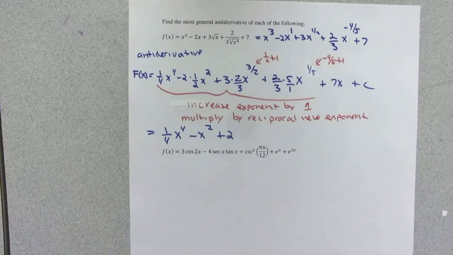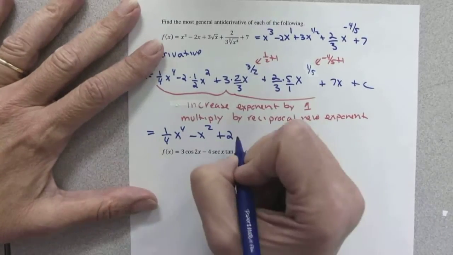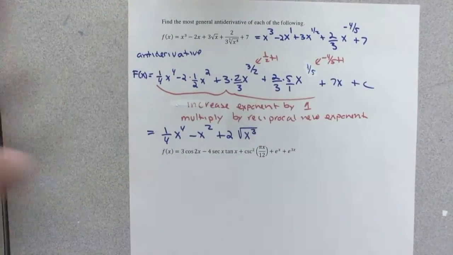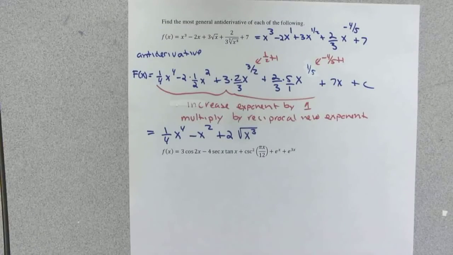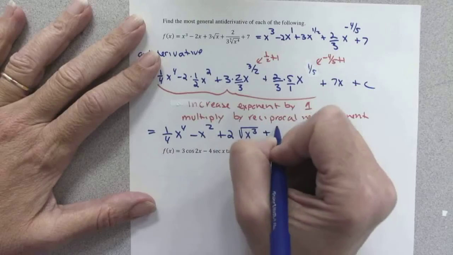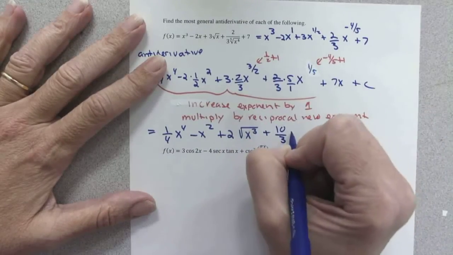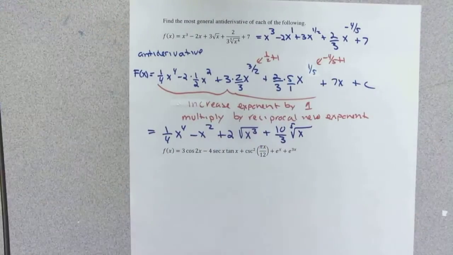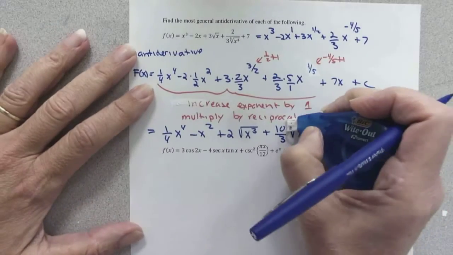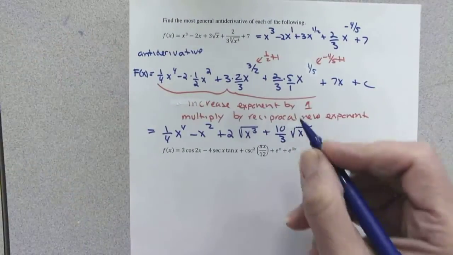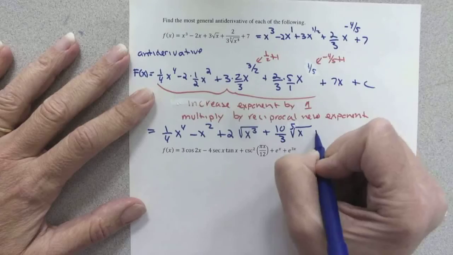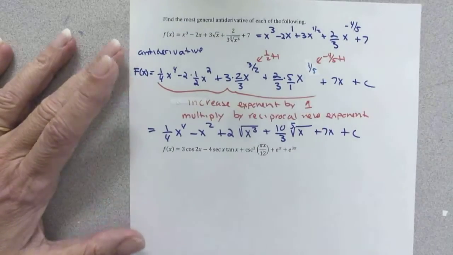But for me, I just want basic simplification, so the 3's are going to cancel. That's going to be 10/3, and I'll just go back to the 5th root, but I don't care. Leave it x to the 1/5 if you want, or go back to the 5th root, plus 7x plus c.